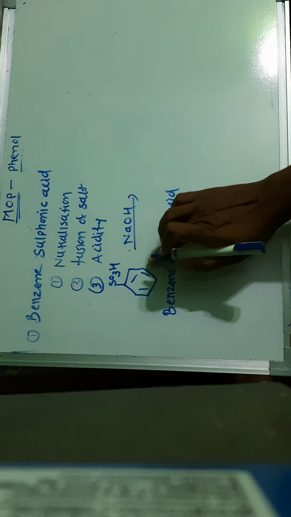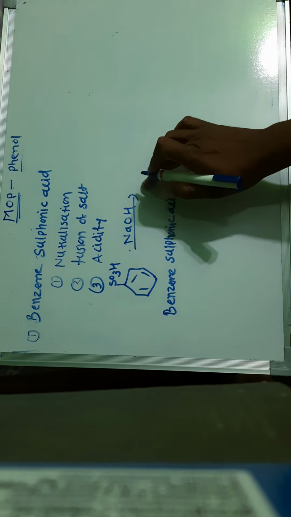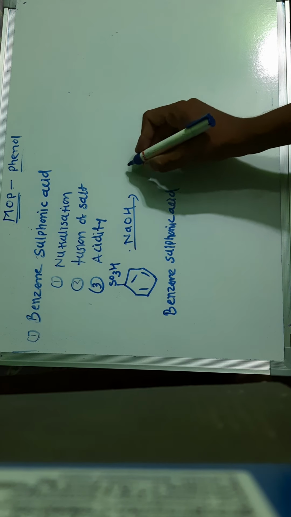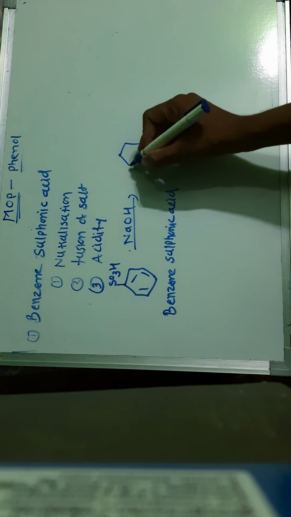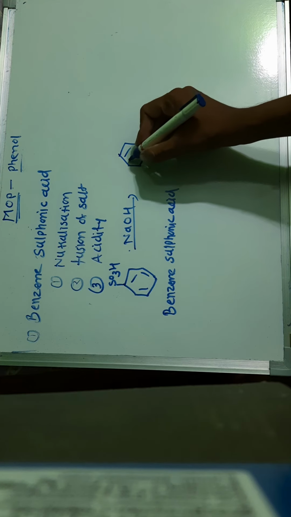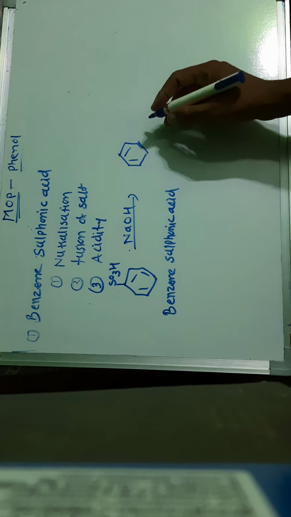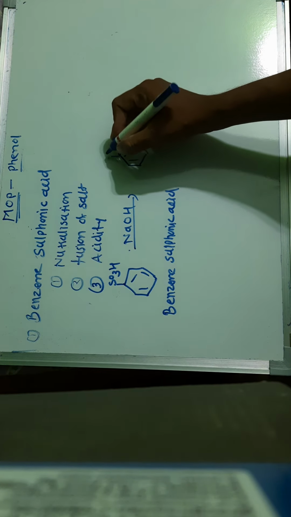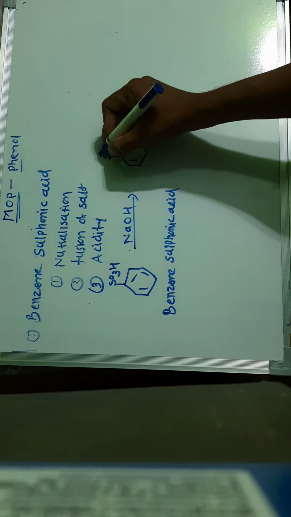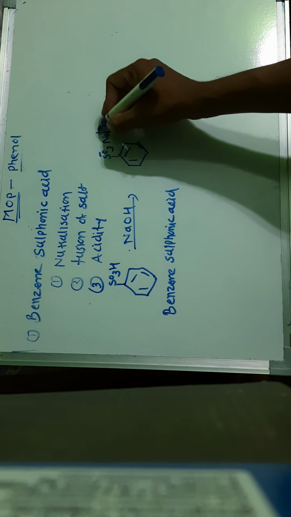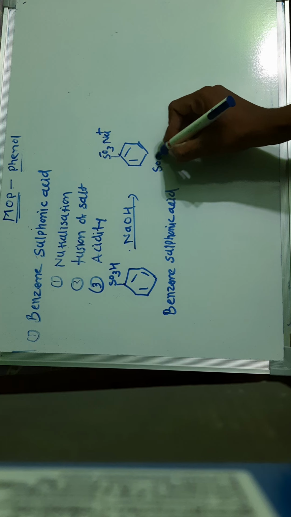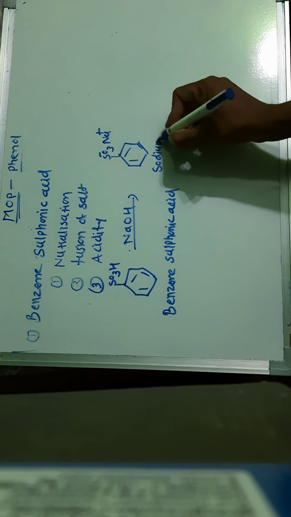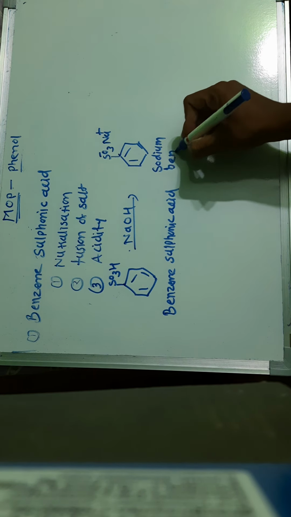We know that when an acid reacts with a base, it always gives a salt and water. Hence we get the salt, sodium benzene sulfonate, that is SO3 negative and Na positive.